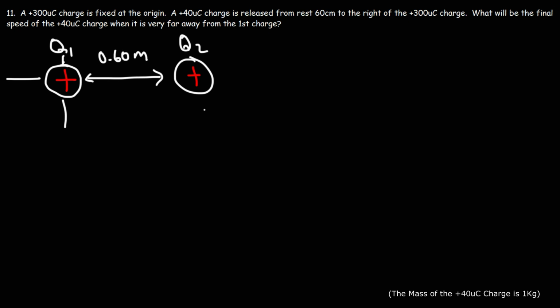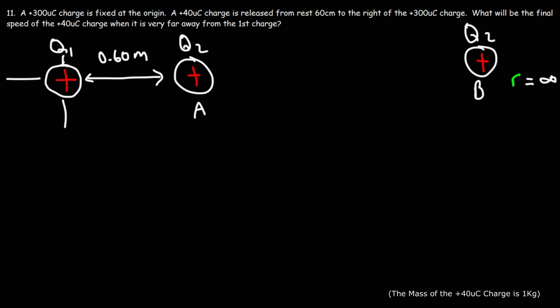After some time, it's going to move from position A to position B. At position B, Q2 is very far away. When we say very far, we're assuming that the distance between Q2 at point B is infinity from point A. And we want to determine the final speed when Q2 is at point B. So we need to use kinetic energy.